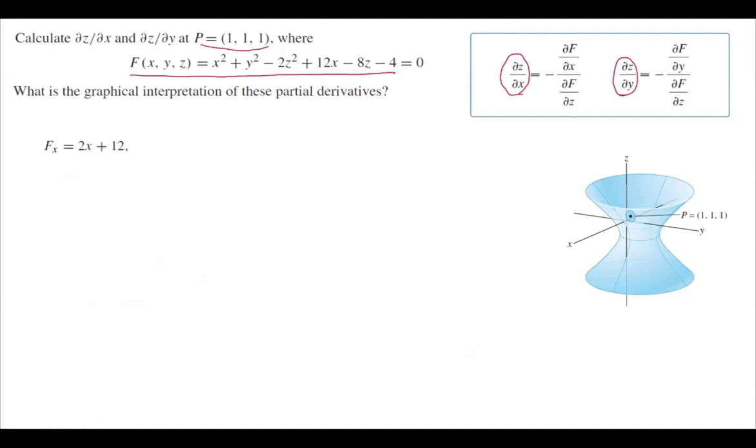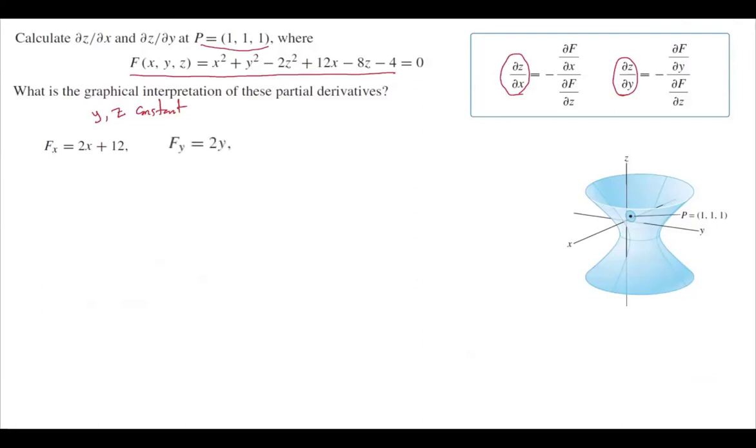Partial derivative of f with respect to x means that y and z are constant. So you basically have x squared, the derivative is 2x, y squared, derivative is 0, z terms, derivative is 0, then you have 12x, which is 12, and the rest are 0.